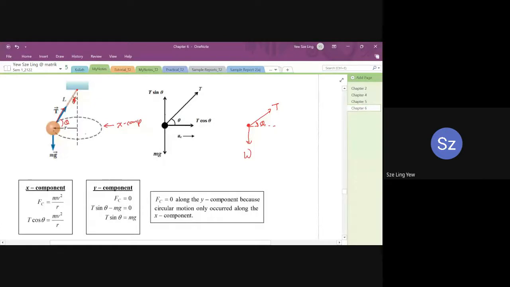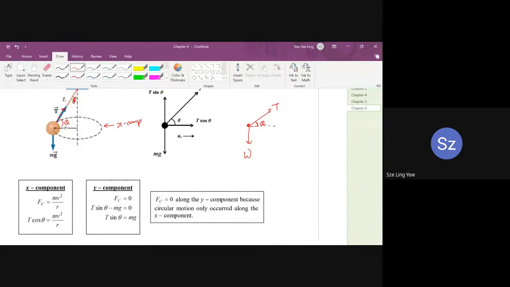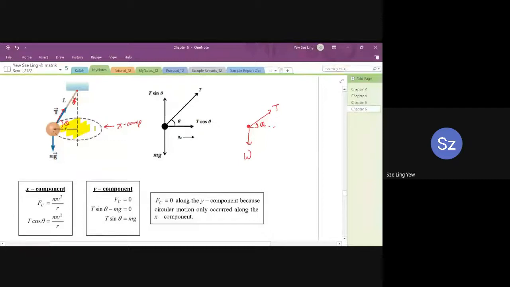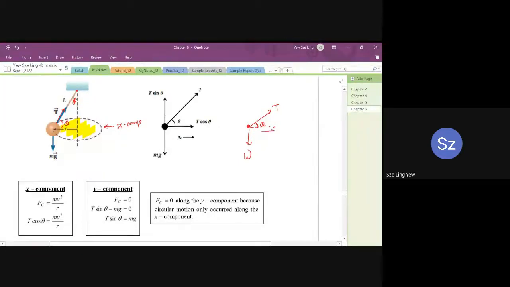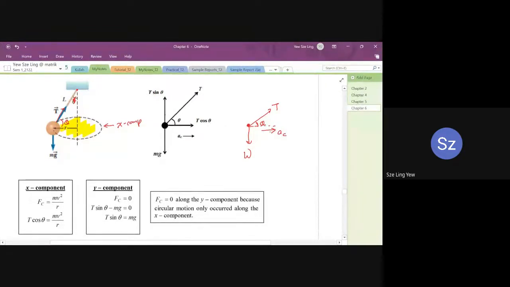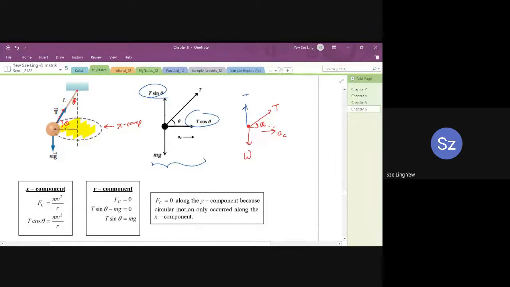If you look at the diagram, this circular motion is actually along the x plane only. Therefore, my ac is going to the right along the x-axis. Now you have a tension lying in between the x and y components, therefore you need to resolve it. That's why in my free body diagram I have T sine theta and also T cos theta, because I resolve it into Ty and Tx.